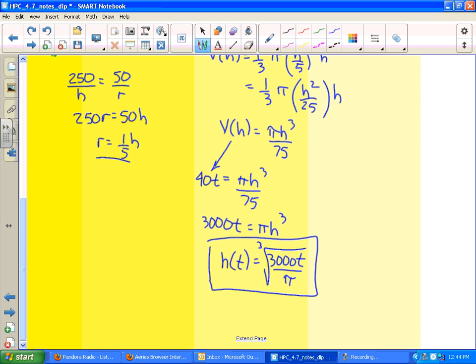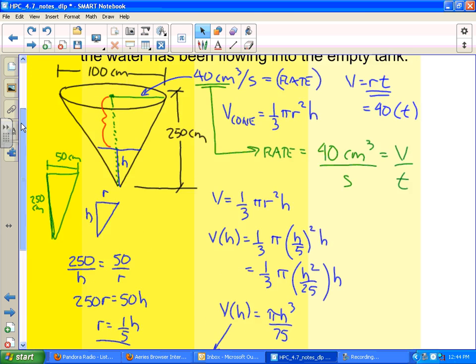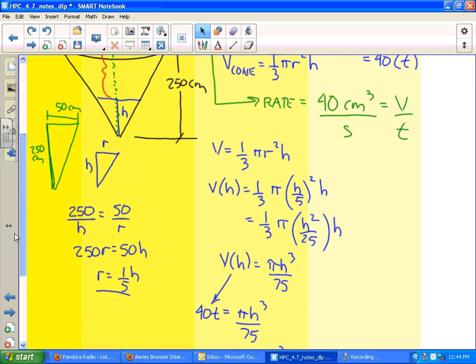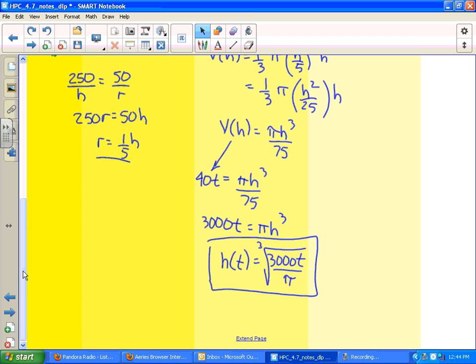And there we go. So what was the trick on this one besides our similar triangles? The trick was the volume equaling 40 cubic centimeters per second. That's a rate times a time, and that equals a V. So that's how we set V of H equal to 40T. We came up with V. Yes, sir.